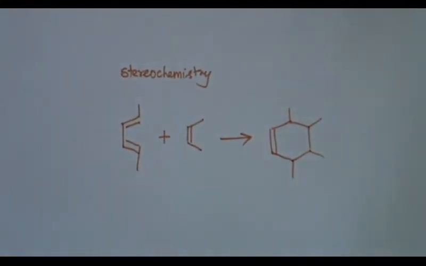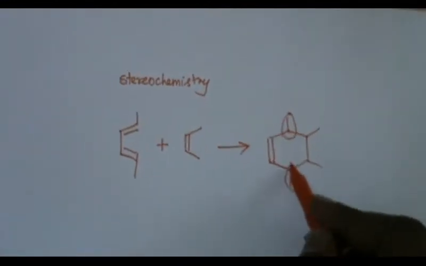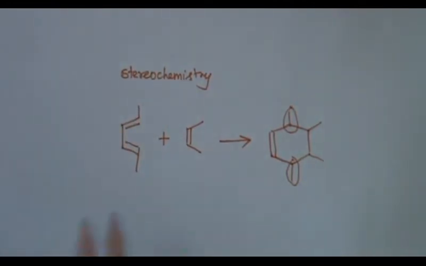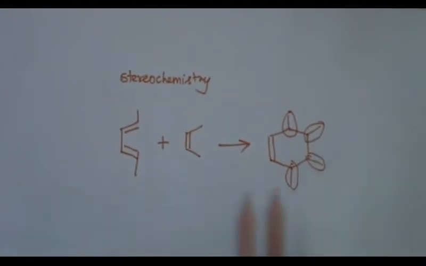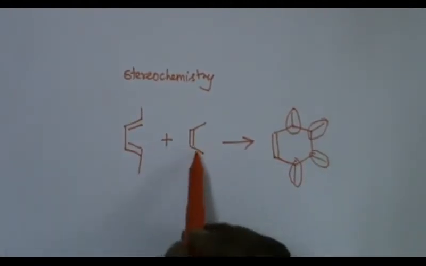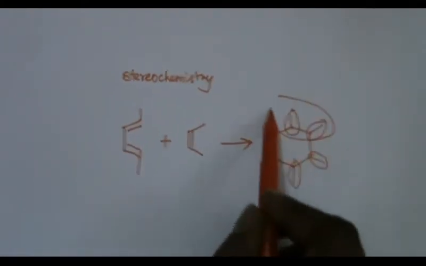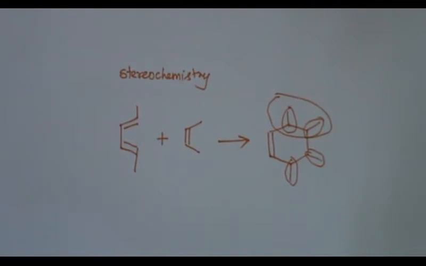Now, what will be the relation between this and this, which was trans earlier? What will be the relation between this and this, which was cis earlier? And what will be the relation between these two? So totally there are 3 possibilities, 3 questions.